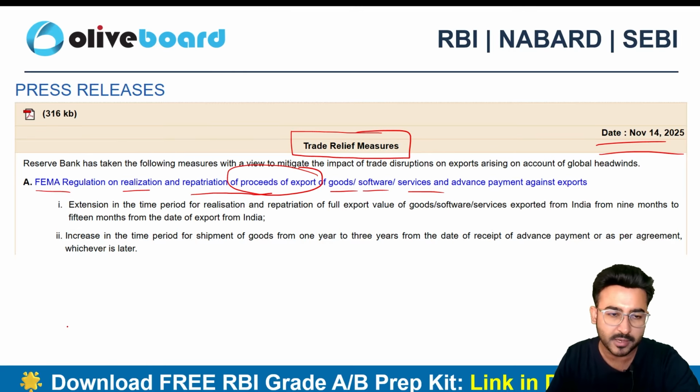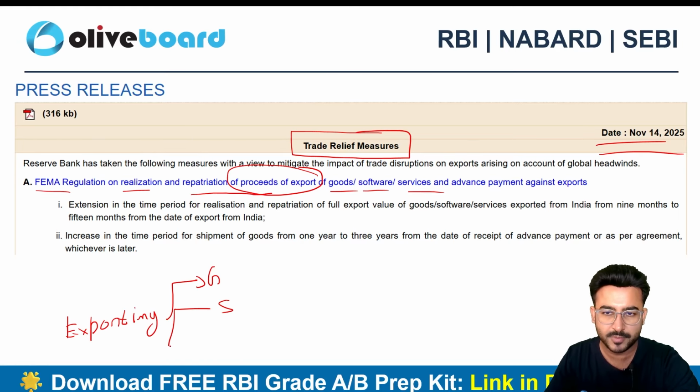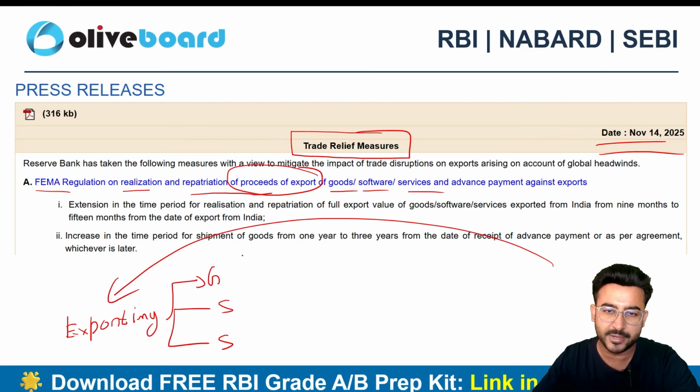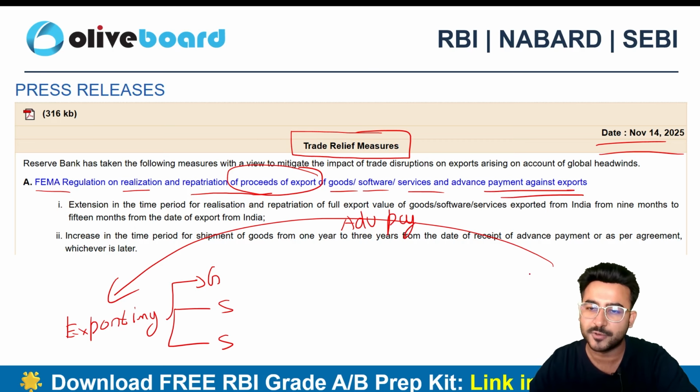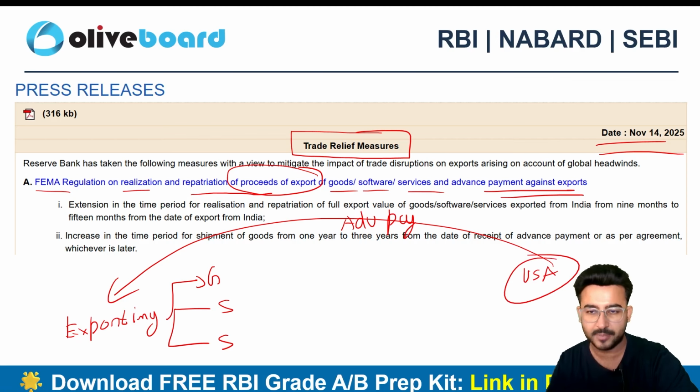Say for example, I am exporting goods, software or services, right? And I'm also receiving some advance payment against such exports, say for example from the United States of America, right?